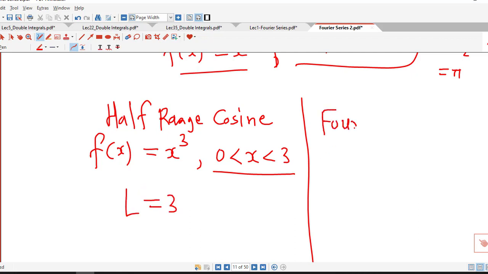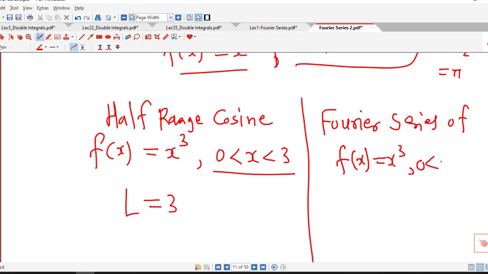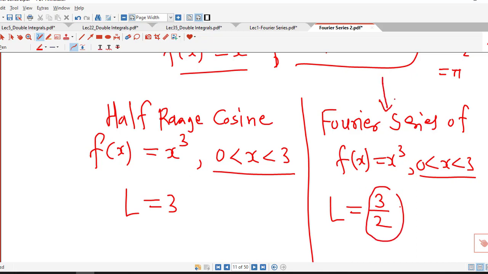But if we are asked to find out Fourier series of this function fx equal to x cube interval from 0 to 3, then here we will consider L equal to length of this interval divided by 2. So L is 3 by 2 in this type of problem where we are asked to find out Fourier series of fx equal to x cube, interval is from 0 to 3.